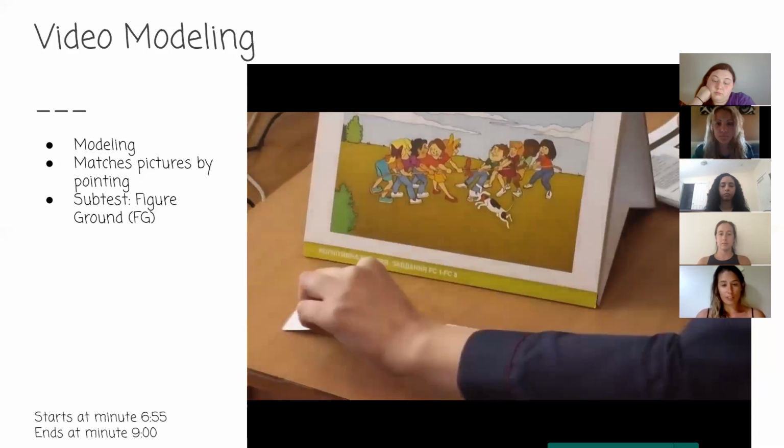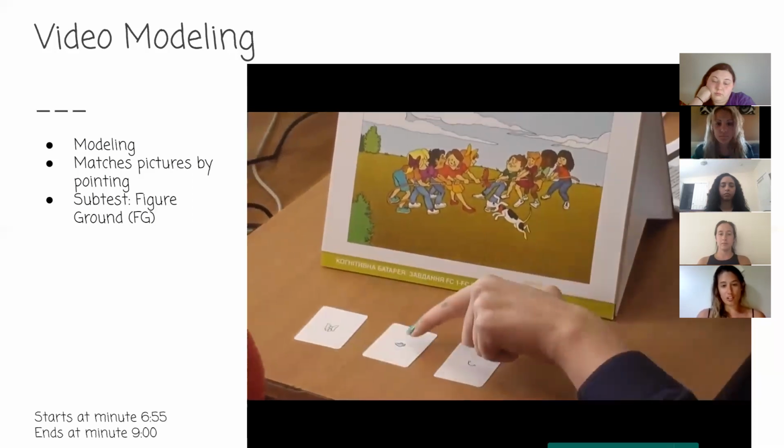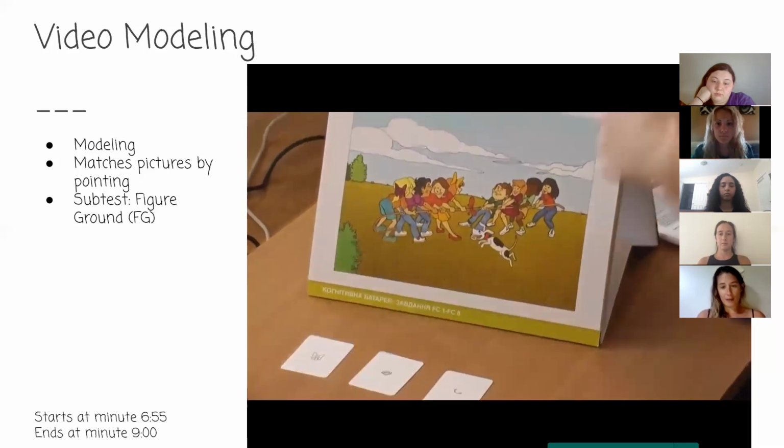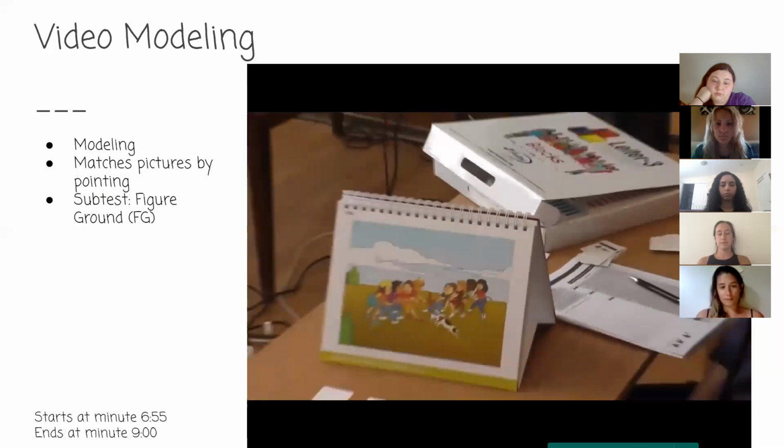Now she's starting with 3 pictures in front of the tester and expecting them to match them to the picture.